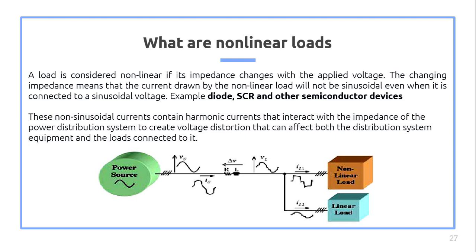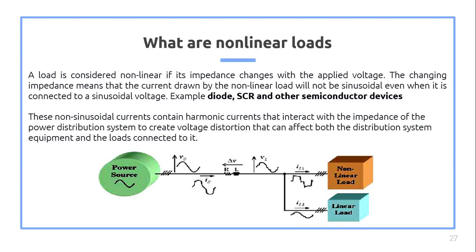What are nonlinear loads? A load is considered nonlinear if its impedance changes with the applied voltage. The changing impedance means that the current drawn by the nonlinear load will not be sinusoidal even when it is connected to a sinusoidal voltage.